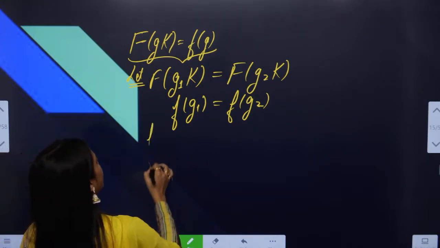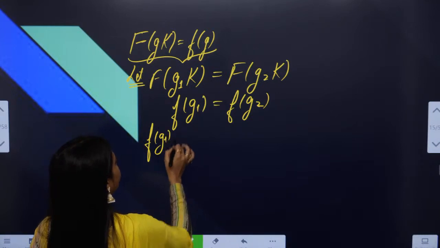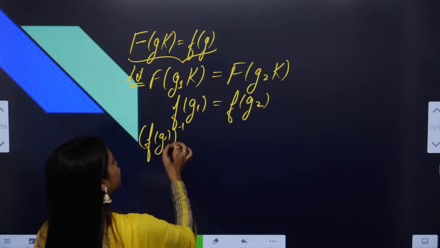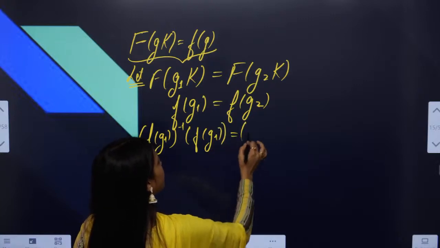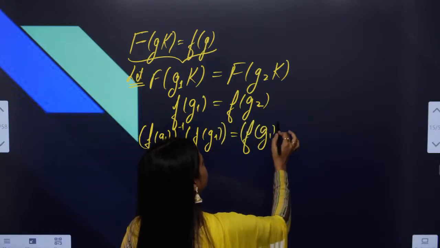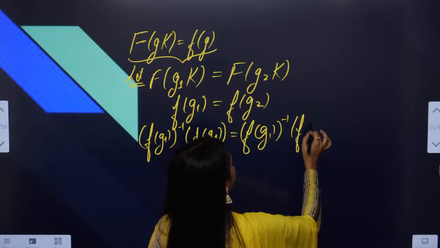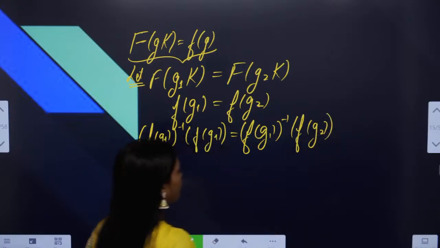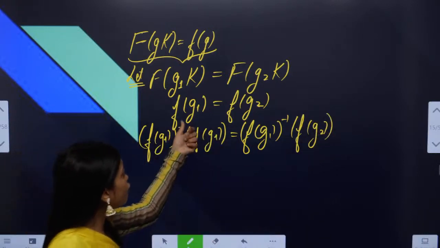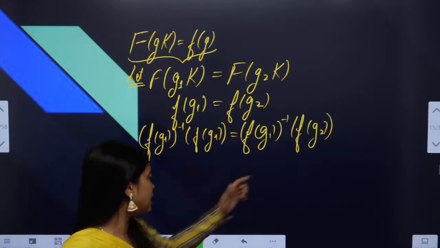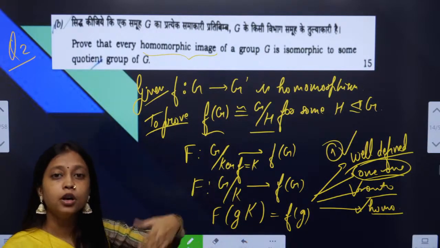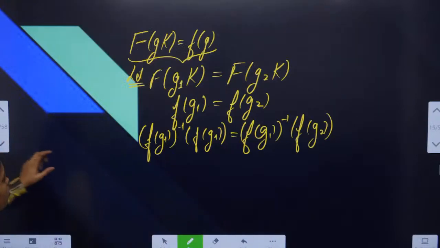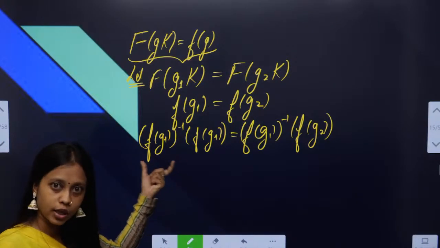You multiply both sides with f of g1 whole inverse. So, this is f of g1 inverse times f of g1 equals f of g1 inverse times f of g2. Okay. Why? f of g1 is in G dash, and G dash is a group, so the inverse will exist. So, there is no problem in the existence of that element that I am using here.